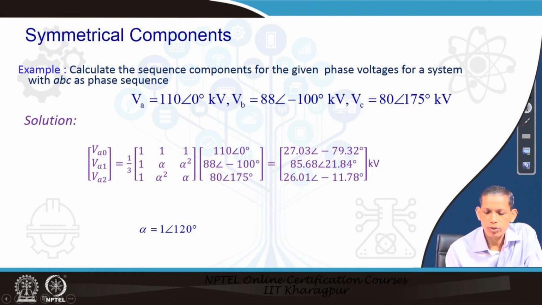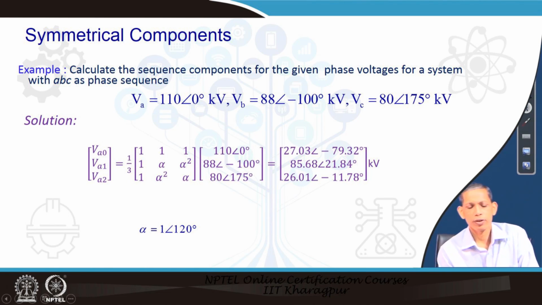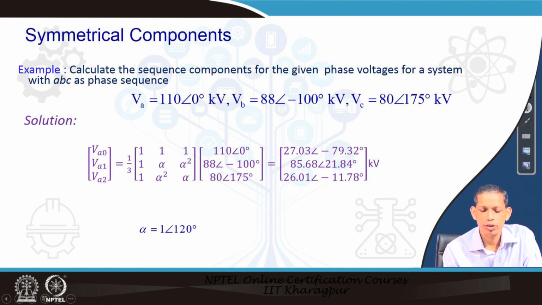Calculate the sequence components for the given phase voltages for a system with ABC phase sequence. The phase sequence is given as ABC, and the corresponding voltage VA is 110 with an angle of 0 degrees kilovolt, VB is 88 with an angle of minus 100 degrees kilovolt, and VC is 80 with an angle of 170 degrees kilovolt.